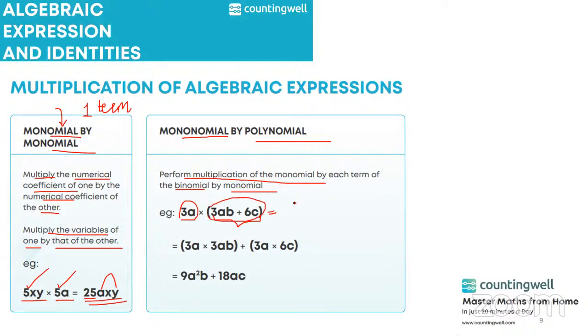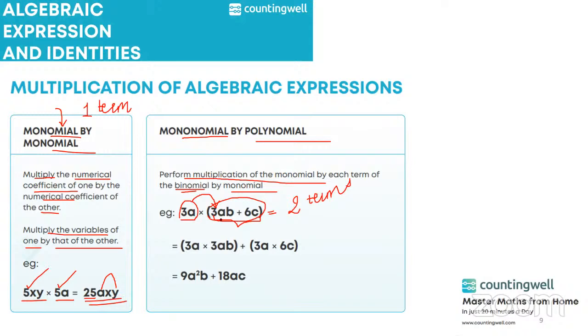There are two terms. An algebraic expression having two terms is nothing but a binomial. So here we are multiplying a monomial by a binomial. We multiply each term of the binomial by the monomial.